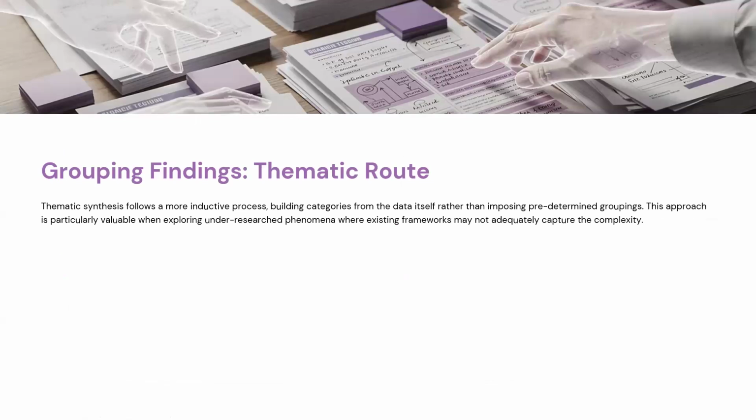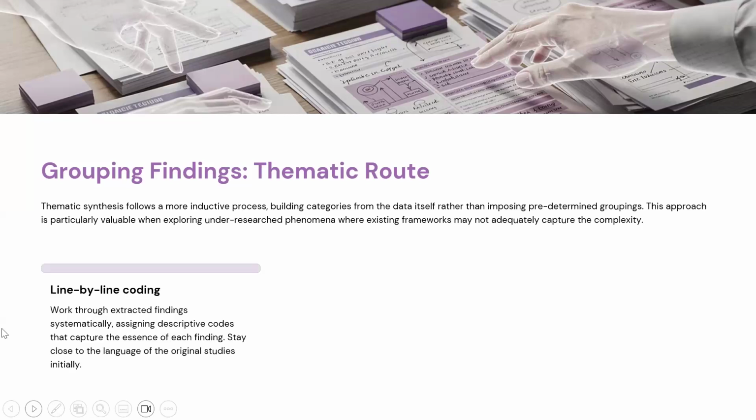So one other way of looking at this is if you're working in a highly underappreciated, understudied area, something that really has not been covered by the literature currently out there, then you may be tempted to take a more thematic route simply because it allows you more flexibility in letting the data speak for itself, rather than trying to come with a predetermined paradigm or framework and then trying to fit it in, when in fact the data is too sparse or too unknown to actually fit into a pre-existing framework.